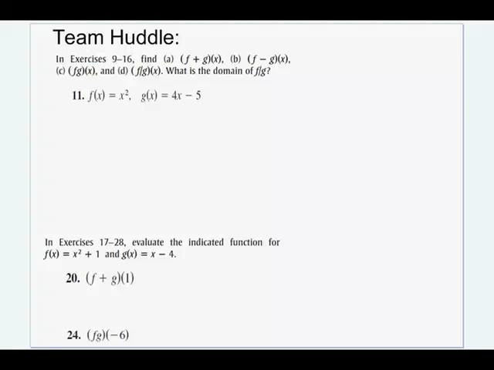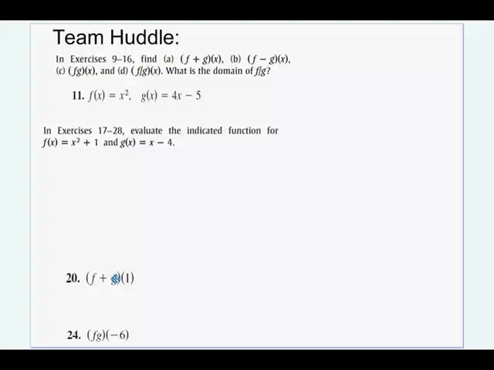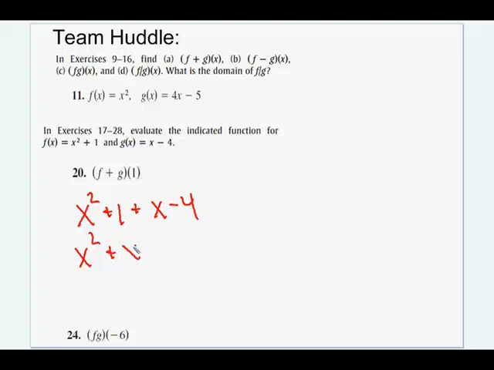Okay, here we're just going to do a quick sum and product, and then we actually evaluate that function. First, we're doing f plus g. So f of x is x squared plus 1, plus the g of x function, x minus 4. And we could combine our like terms and get x squared plus x minus 3. That is f plus g of x.